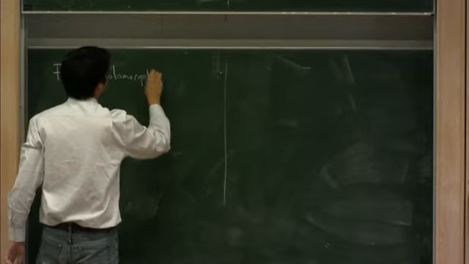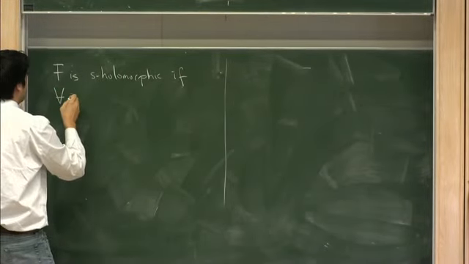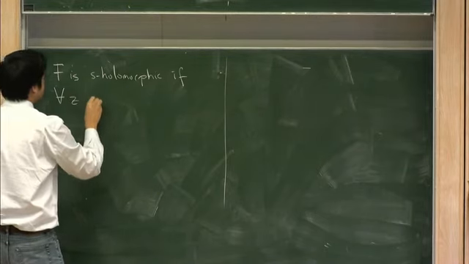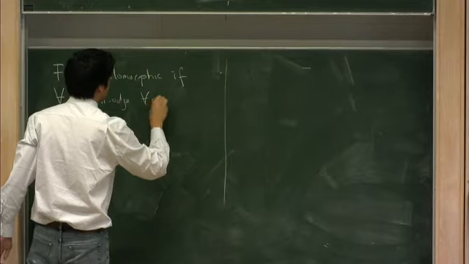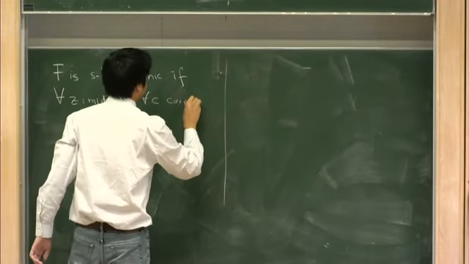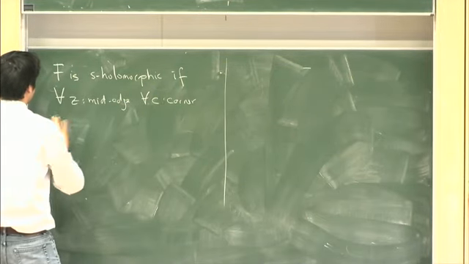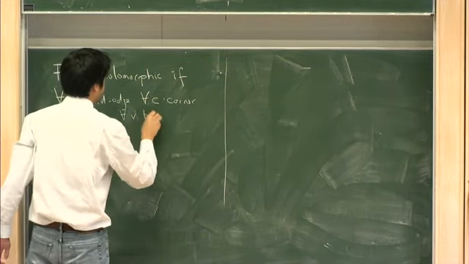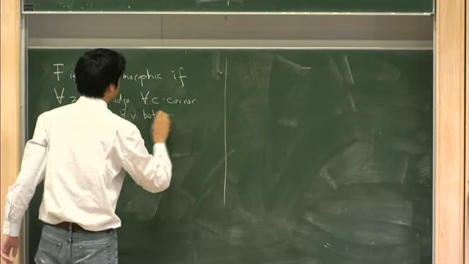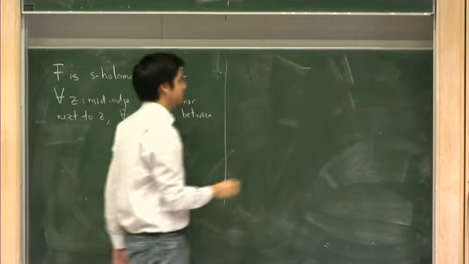So the definition was: f is S-holomorphic if for any mid-edge z, for any adjacent corner C, so for any corner C that is next to z, and any vertex v between them, the picture is as follows.